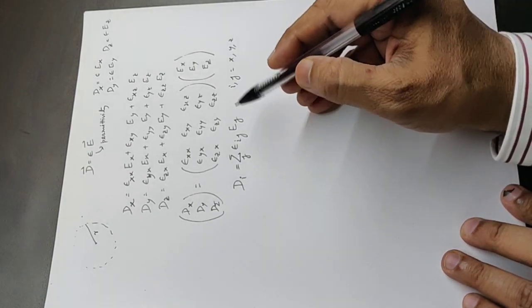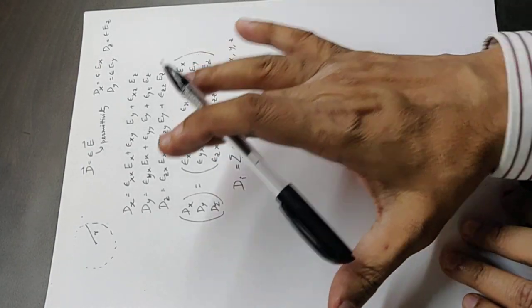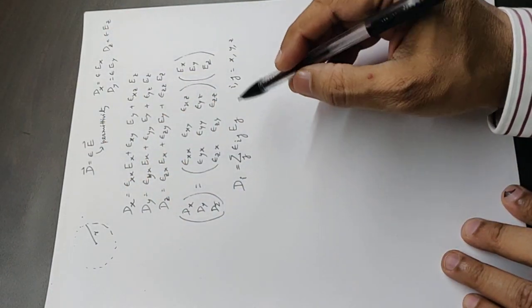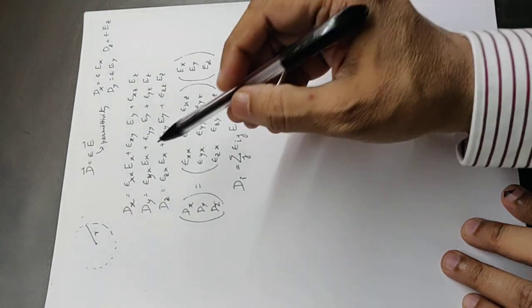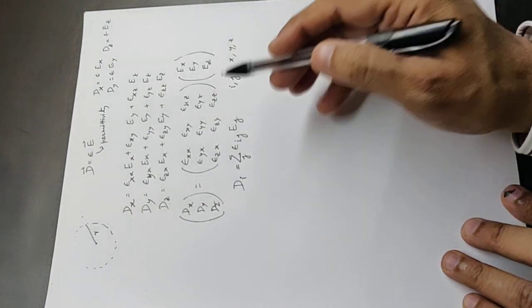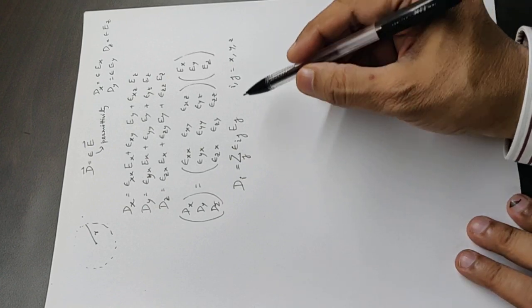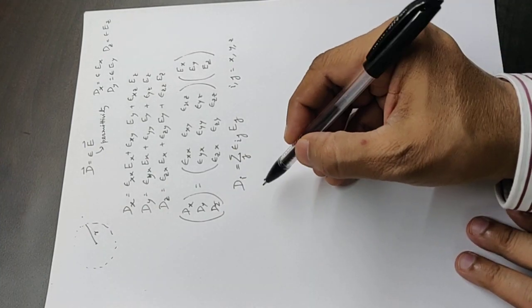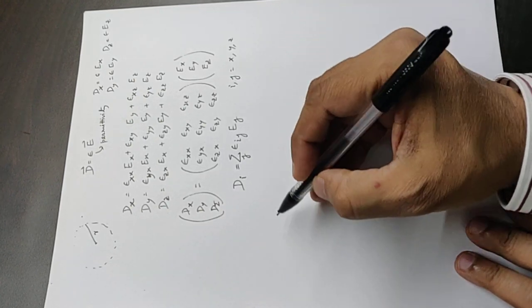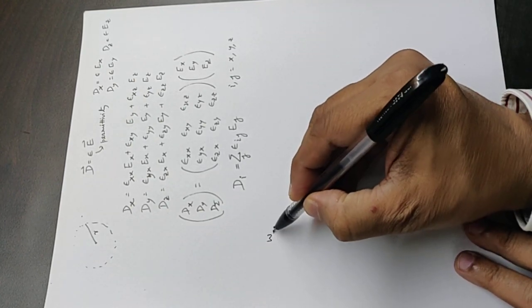Now we have already opened it up. We have assumed that epsilon is not the same in all directions, which is why we have now these many epsilons coming into the equations. The next question is what would be the electrical energy?